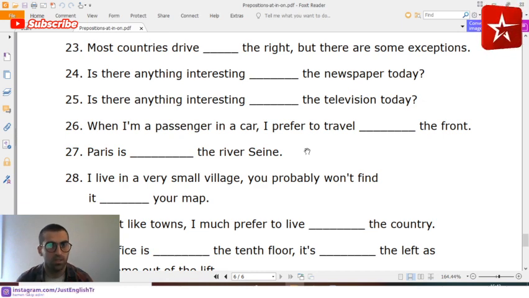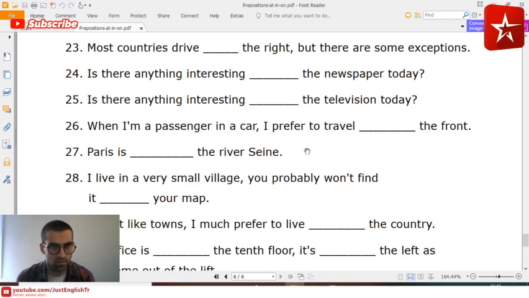On the front. Paris is blah blah blah the river Seine. Okay. Paris is blah blah blah river Seine. 27. Paris.